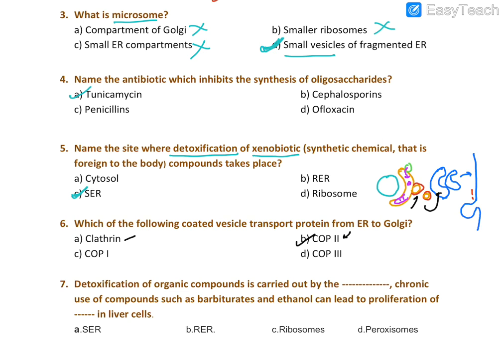The formation of such a vesicle mainly depends on clathrin. That helps in the formation of vesicles, that is endosomes, whereas COP2, the coat protein, is required for the transportation of vesicles from the endoplasmic reticulum to the Golgi apparatus. So here the answer should be B. Clathrin is required for the formation of endosomes.